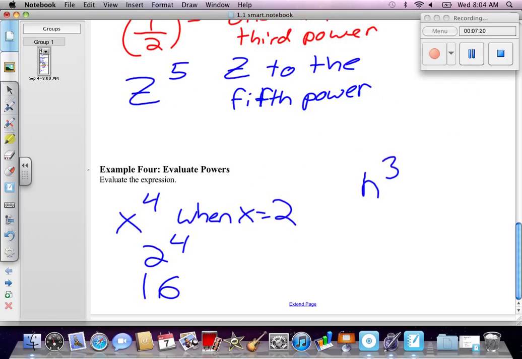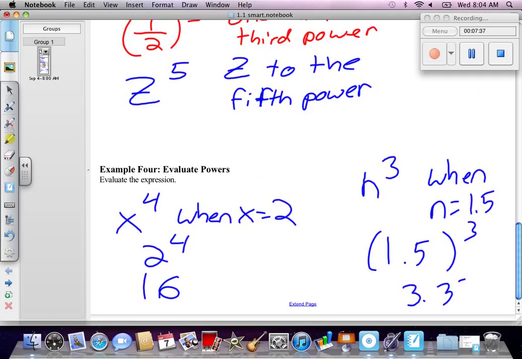We've got n to the 3rd when n equals 1.5. So I'm going to take 1.5 to the 3rd power. Anybody got a calculator? Want to do that for me? Yes, sir. 3.375. Are you ready to go to 1.2?